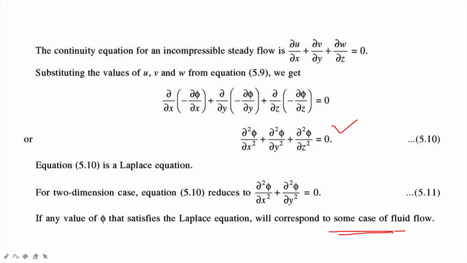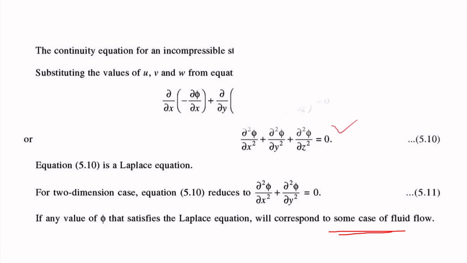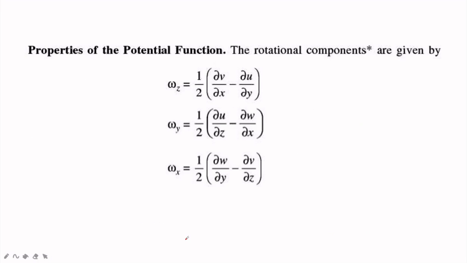u directions, okay, u, v, w. Now if the function is in polar coordinates, then the rotational components are given as follows. In Cartesian coordinates it was given by U, V, W, right? If it is in polar coordinates, we will have omega x, omega y and omega z.